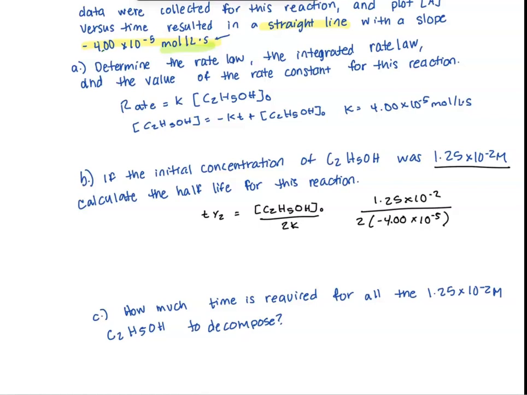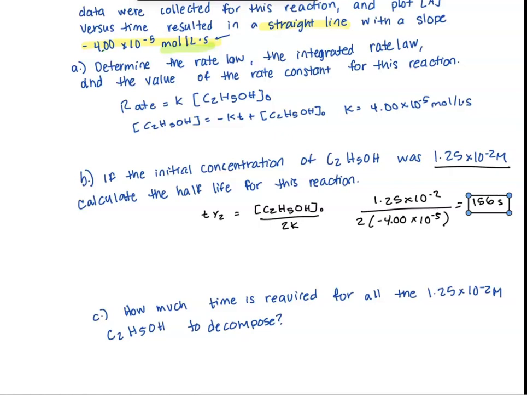How many sig figs do we have? We have 3, so we should get 1.56. And this is half-life, so it's going to be in seconds. 156.25, so 156 seconds.